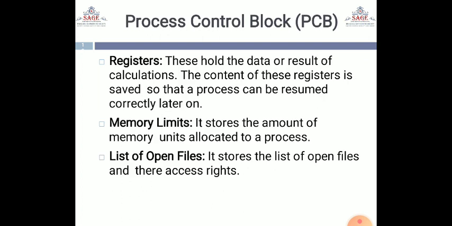Registers: they hold the data of the results of calculations. The content of these registers is saved so that the process can be resumed correctly later on. Memory limits: it stores the amount of memory units allocated to the process. And the last one is the list of open files, where it stores the list of open files and their access rights given by the administrator.